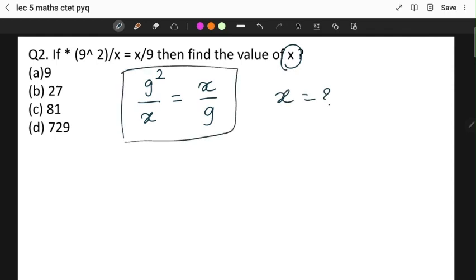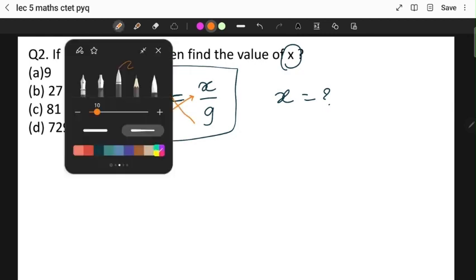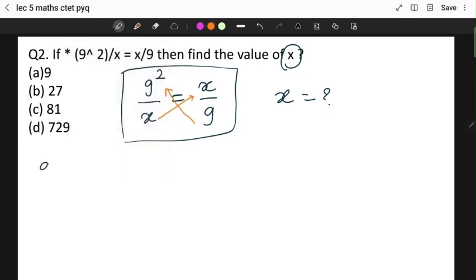Based upon this given data, I can simply cross multiply. I'll multiply x into x and 9 into 9 square. So what will I get over here? I'll get 9 square into 9 is equal to x into x.